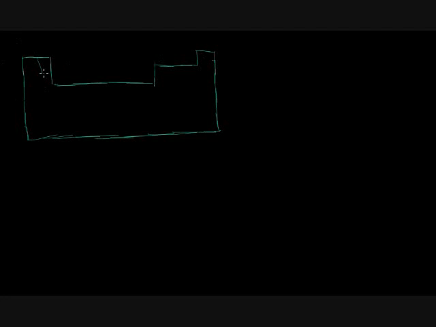So the table is actually, wow, I cannot draw a straight line for my life. So the table is broken up into columns and rows. So we have columns that go this way, and it goes all the way across. And then clearly we have the rows that go across like that. So what we have is columns and rows.